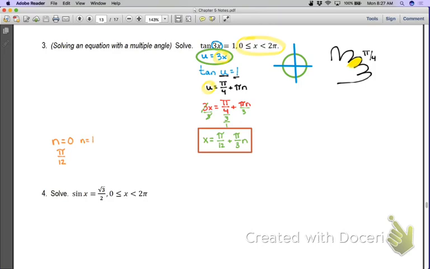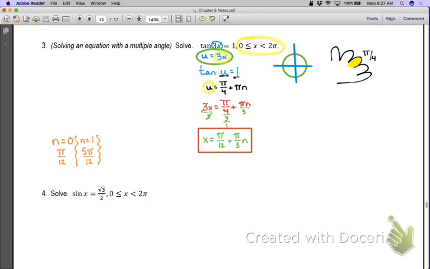What if I do my first multiple, so n equal to 1? What's pi over 12 plus pi over 3? Or what's 1/12 plus 1/3? Five pi over 12.